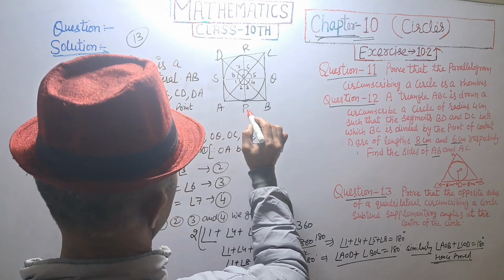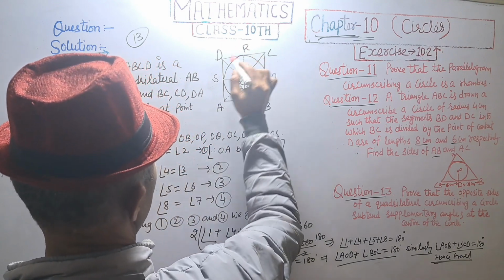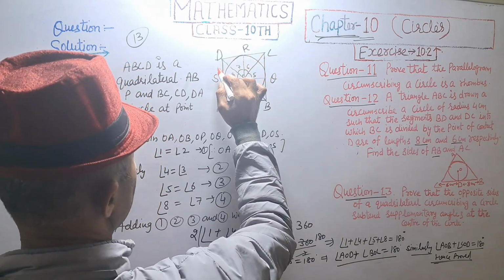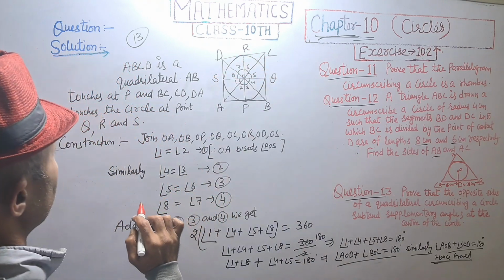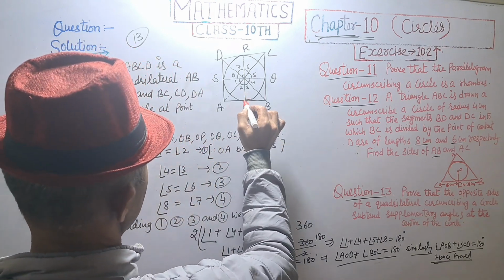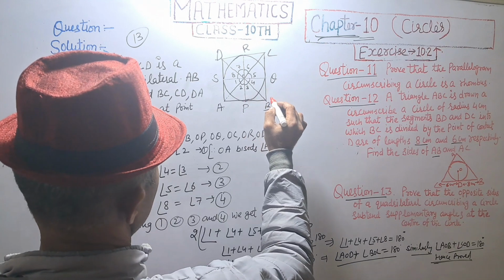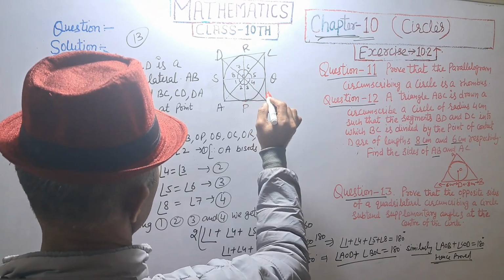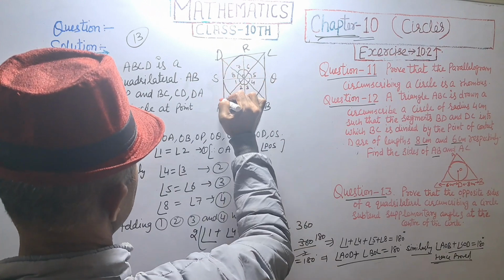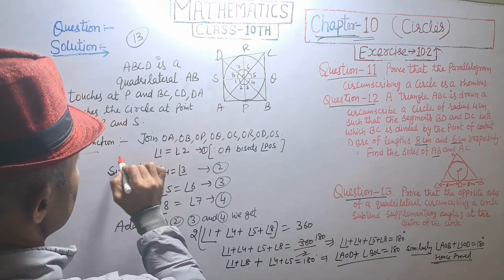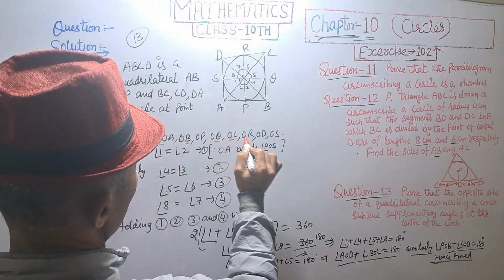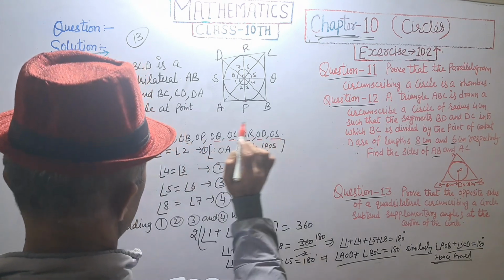ABCD is a quadrilateral and P, Q, R, S are the points on AB, BC, CD and DA which touch the circle. AB touches at P, BC touches Q, CD touches R and DA touches S. Construction: join OA, OB, OP, OQ, OC, OR, OD and OS.